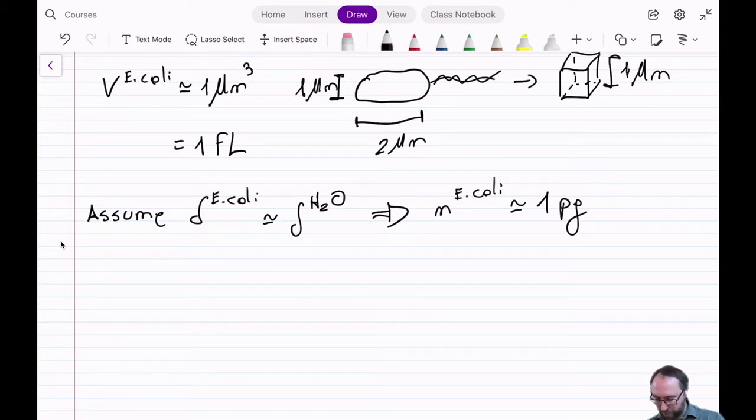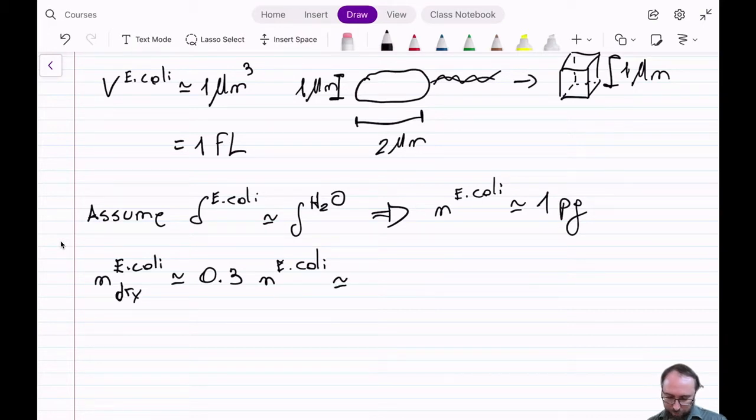In fact, what is the dry mass of E. coli? What would be your guess for this? This in principle should be on the order of 30% of the total mass of E. coli, or about 0.3 picograms.